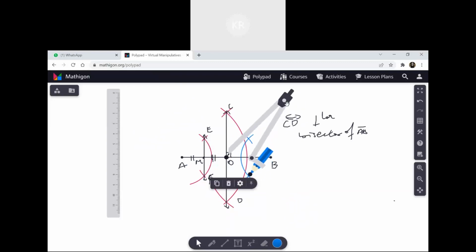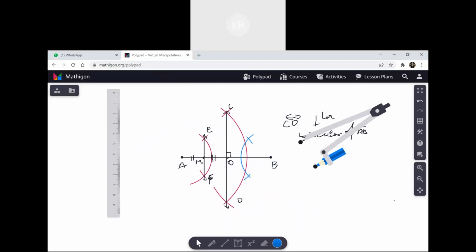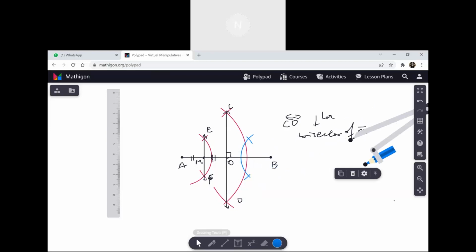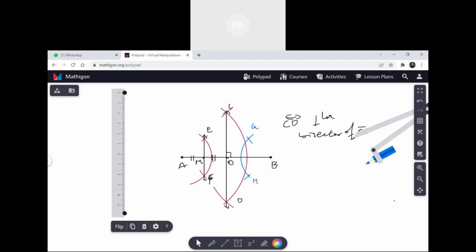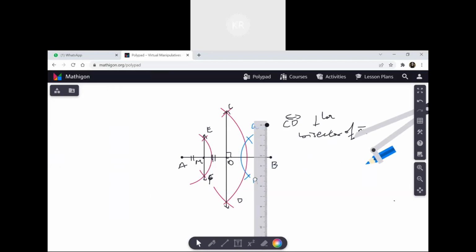So let us name this GH. EFGH, correct. So join the GH. That intersection point, I'll mark with P. Mark this with a black point.